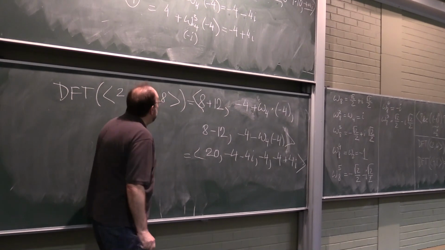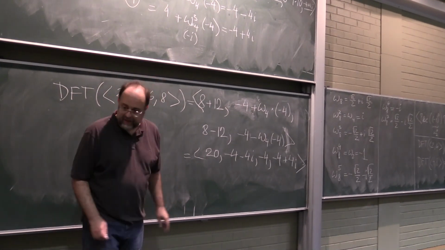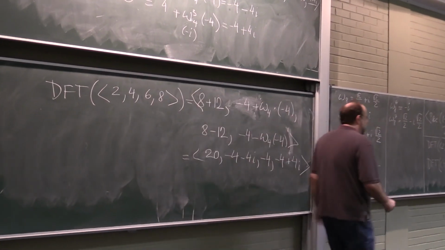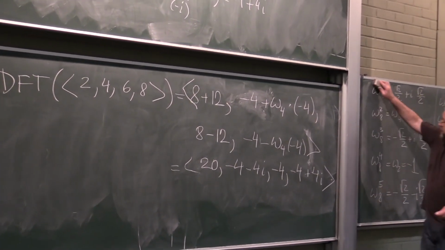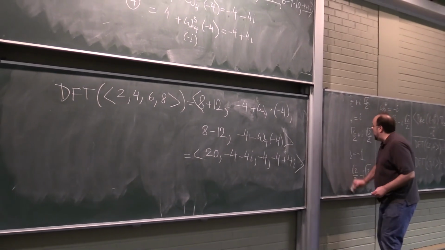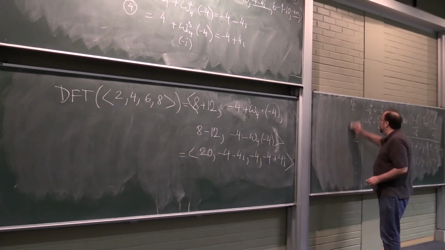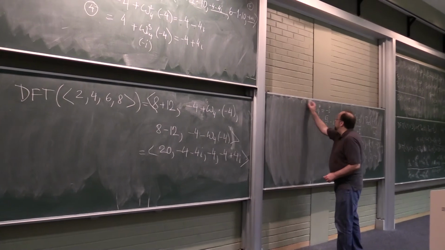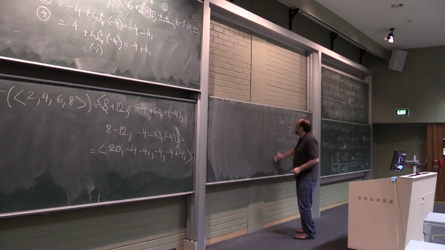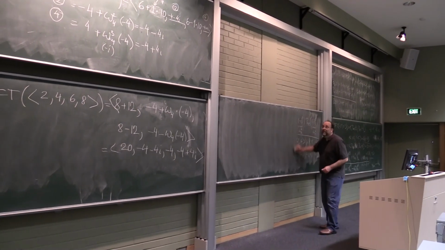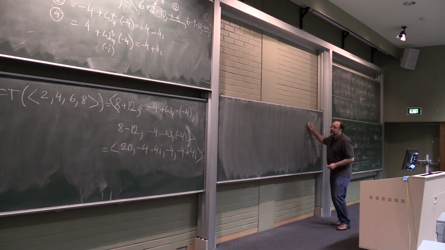Now, we can compute the final answer, right? What is the final answer? The final answer is just combining the two sequences, and you have to go through roots of unity of order 8 now. So let's just quickly do it.